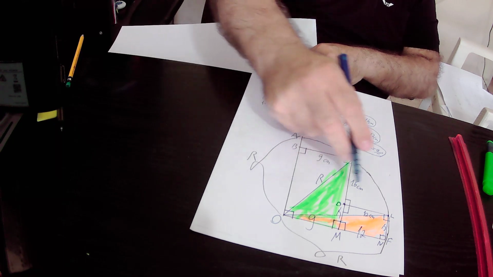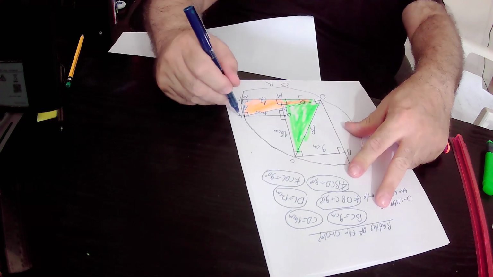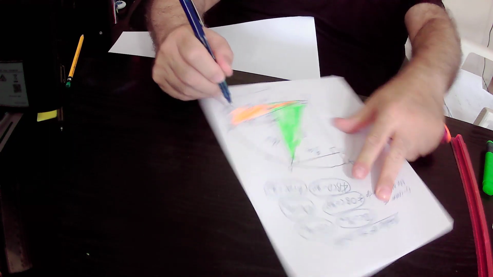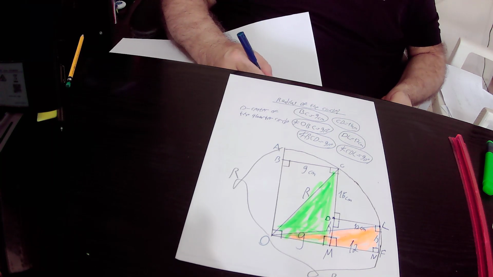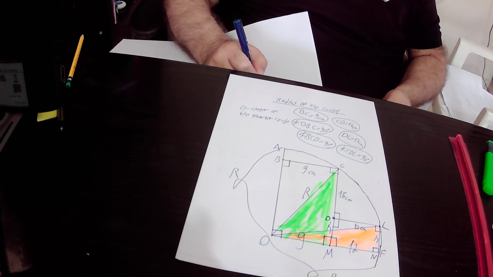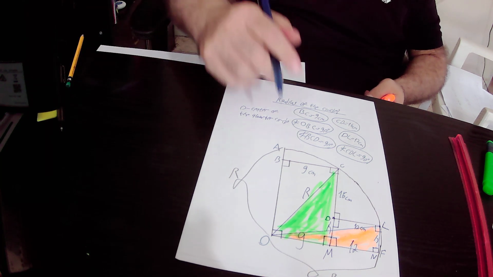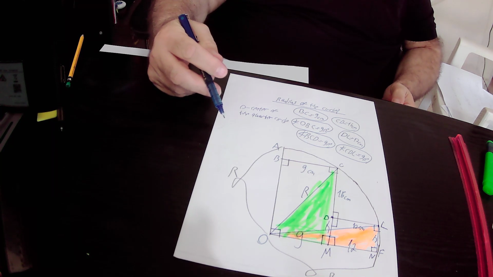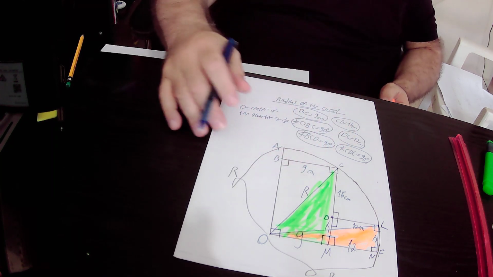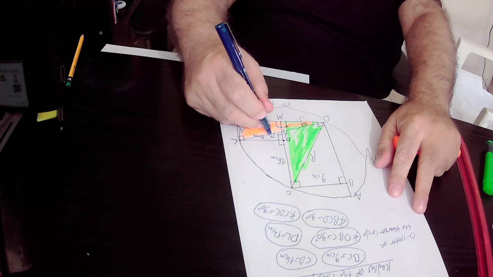The hypotenuse is OL, here this point is point L. So the square of the hypotenuse is OL squared. But what is the definition of the hypotenuse OL? O is the center of the quarter circle. L is the point on the quarter circle itself. That is to say, OL is the radius of this quarter circle that is equal to capital R according to our definition. So OL equals capital R.